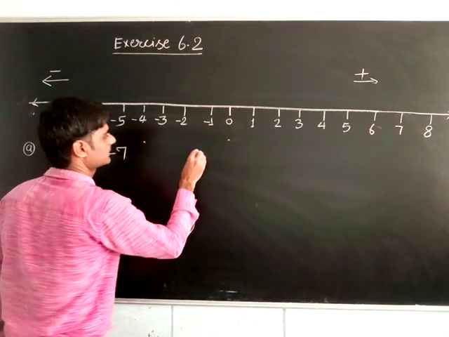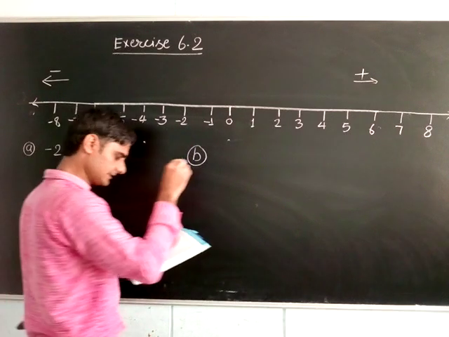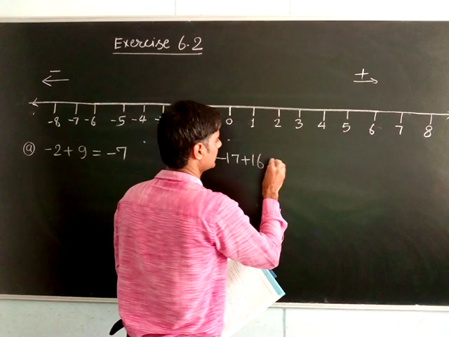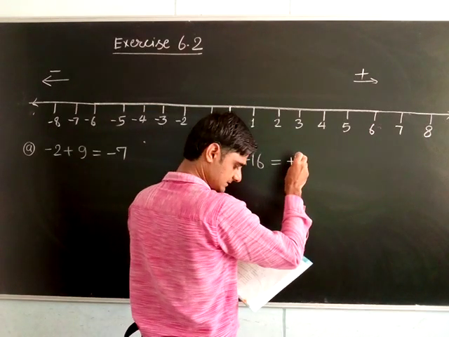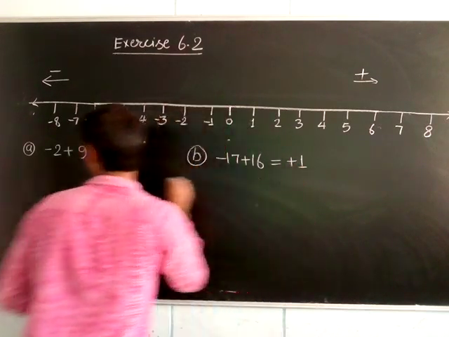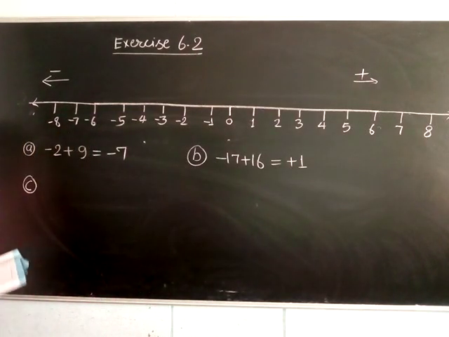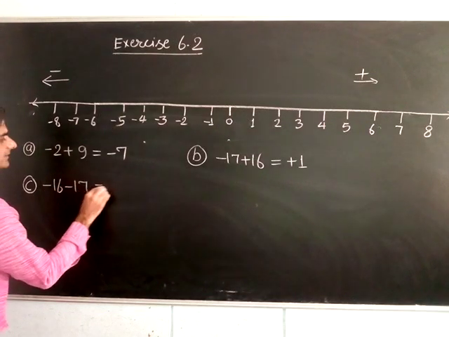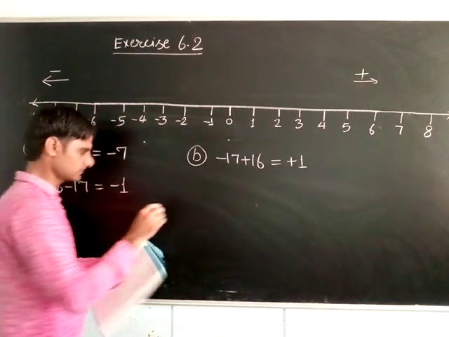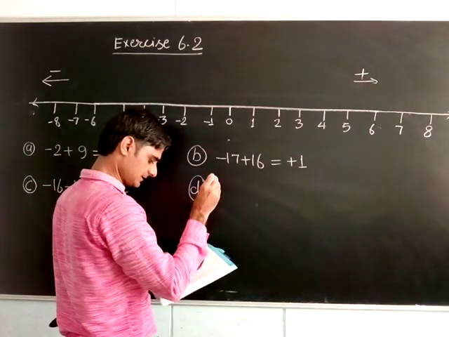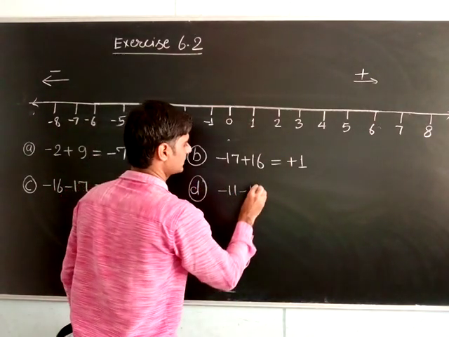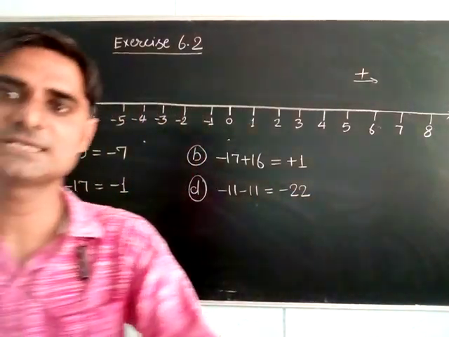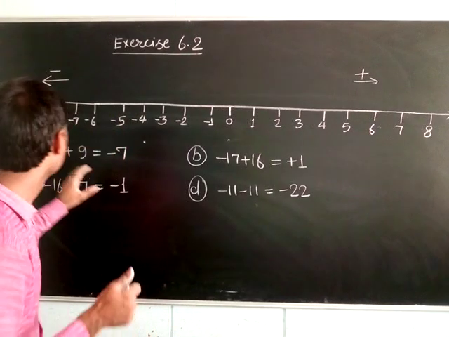Then B option is minus 17 plus 16 is equal to plus 1. C option is that minus 16 and minus 17 is equal to minus 1. And option number D is minus 11 minus 11 is equal to minus 22. These are our options. Which one is correct?